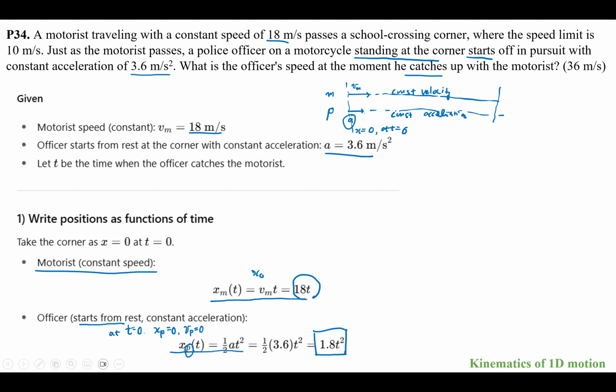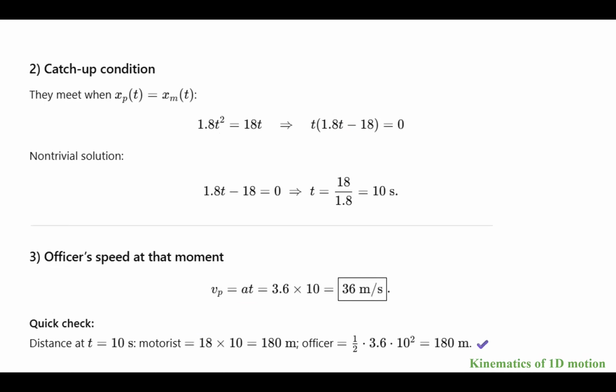That means the police position and the motorist position are the same. This is how to describe catching up, in natural language, in our physical model. So this is the very important step. If you don't have these equations, then you cannot get the t.